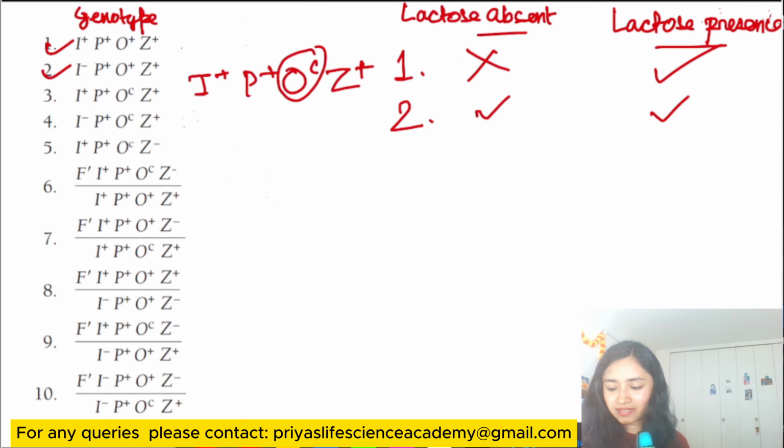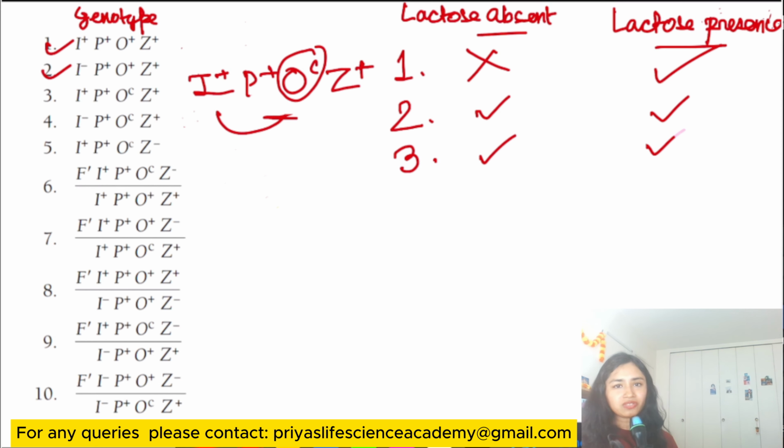Because the repressor can't bind with the operator region, the operator is free even in the absence of lactose. So this again will be constitutive expression. Even in the absence or presence of lactose, the operon is turned on, because even if I plus produces functional repressor, it can't bind with the operator because of the OC mutation. It's a constitutive mutation.